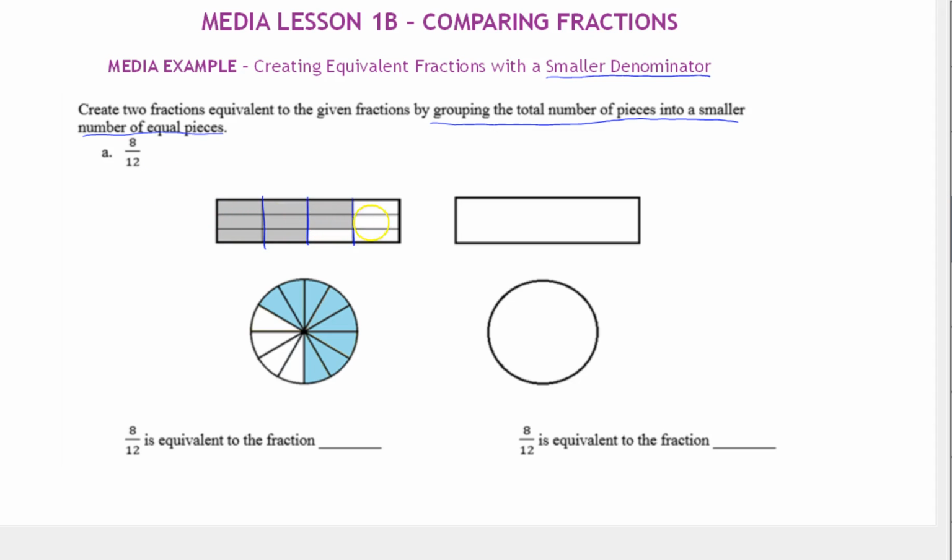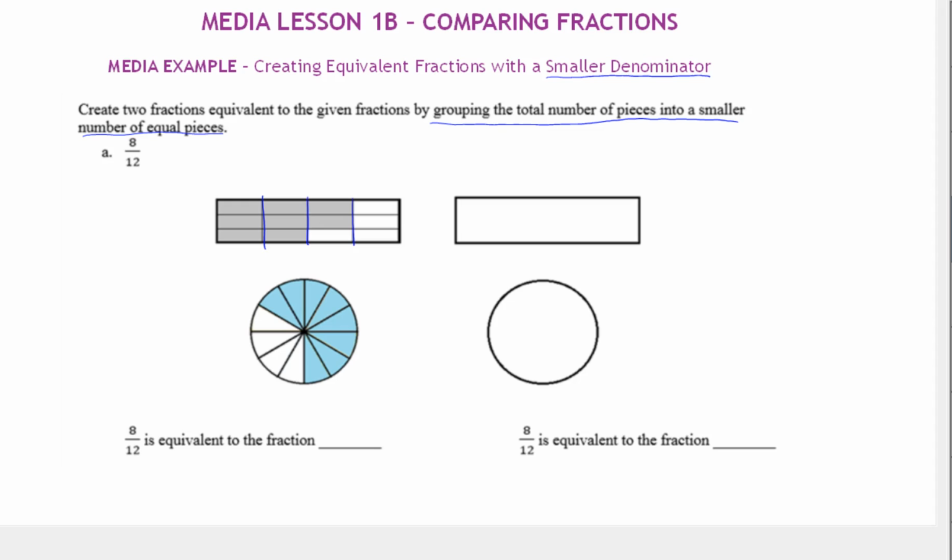There's 1, 2, 3, 4 groups of 3 in 12. But notice 8 divided into groups of 3 would be 1 group of 3, 2 groups of 3, and then 2/3 of a group of 3. And we don't want fractions in our fractions, so we're looking to find whole number groupings.